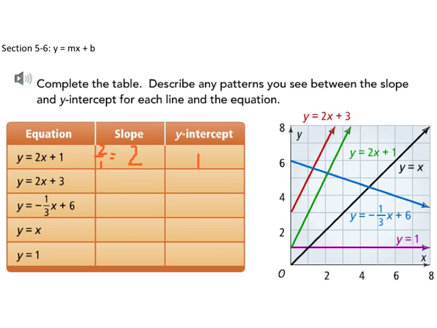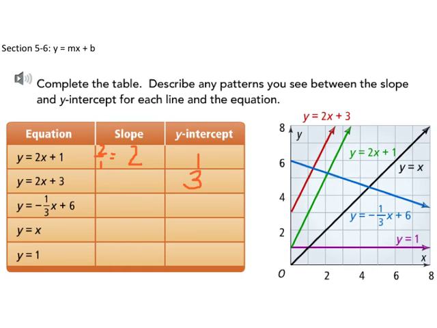Let's move to the next line, which is y equals 2x plus 3, and that's the red one right here. So I'm going to follow this red line and see that the y-intercept, where it crosses the y-axis, is right here at 3. So let's put that in our table. The y-intercept is 3.